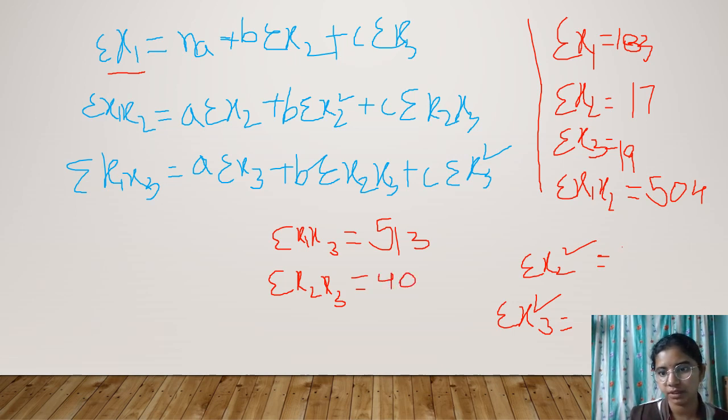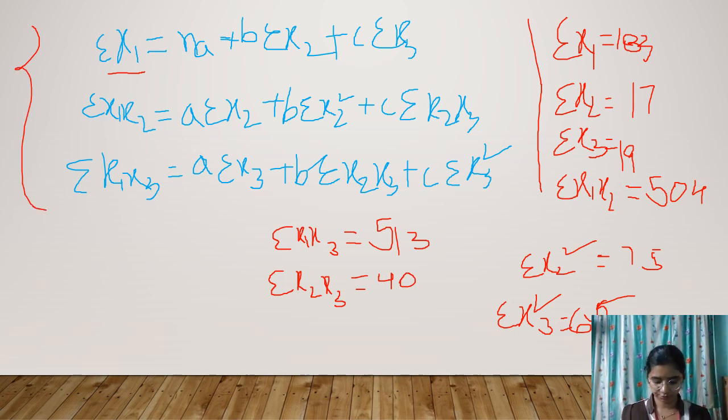Sigma x2 square is 75, and sigma x3 square is 65. And by substituting all these values in these three equations and solving them, we'll get the values of constants.